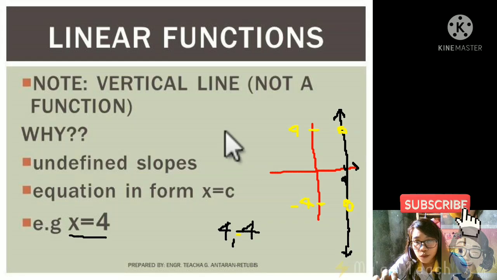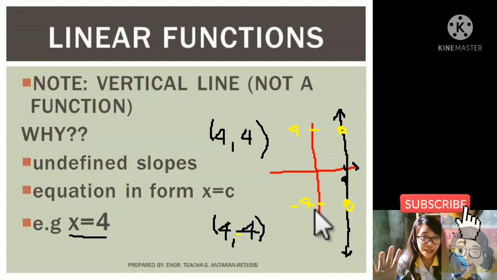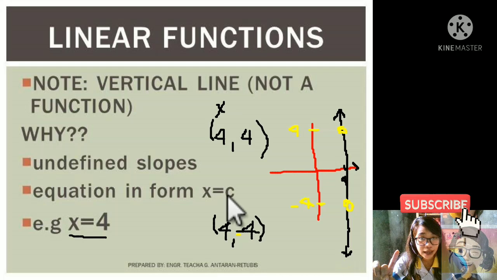So the other one here is 4, positive 4. Can you follow? So what's my point? My point is, you have the same value of x here. This is x, right? And this second point is your y. You have the same value of x, but as you can see, you have a different value of y.